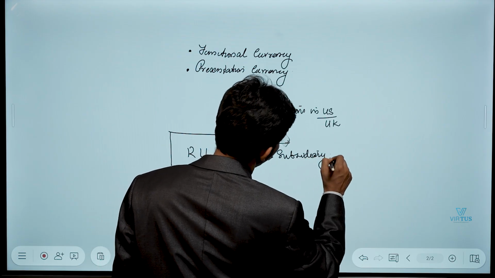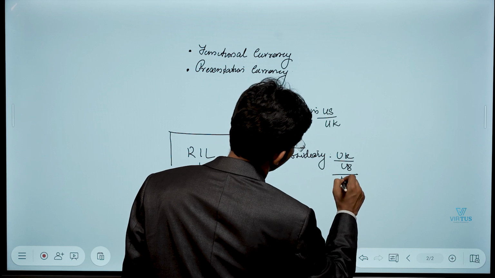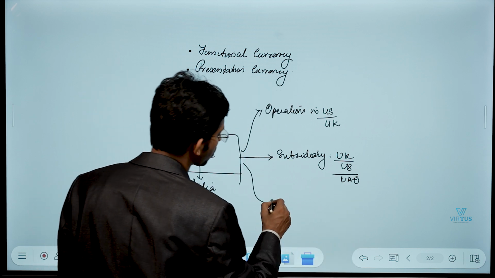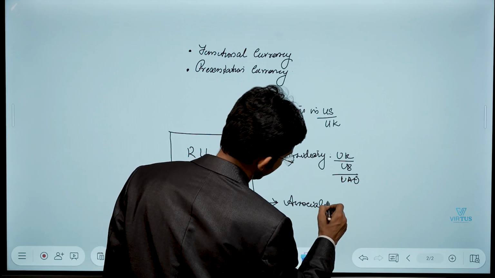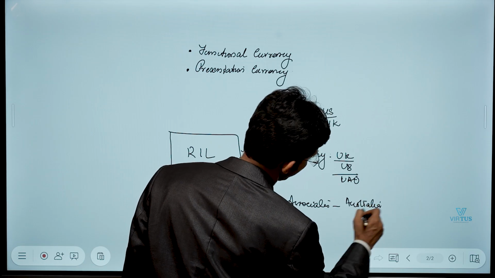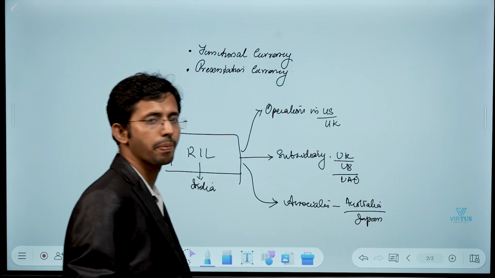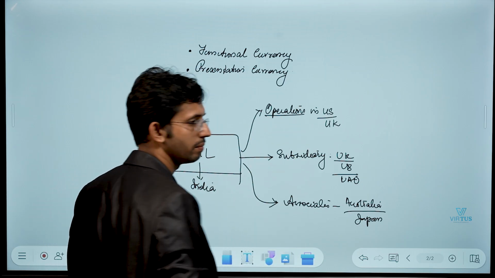Again, the subsidiary could be in UK or in US or let's say UAE, anywhere. Now, it can also have associate enterprises, let's say in Australia or let's say in Japan. So, Reliance Industries could have direct operations.